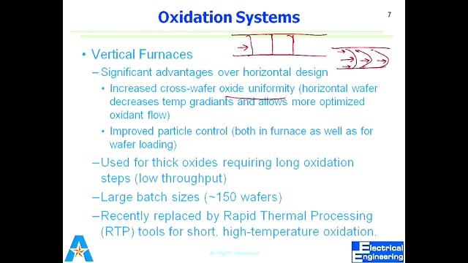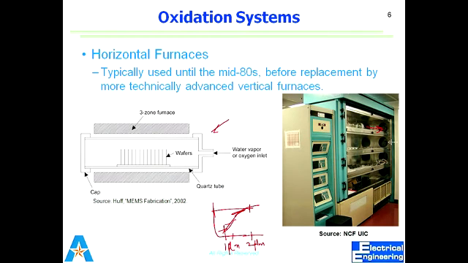We'll talk about that. The first thing is that the horizontal furnace is a three-zone furnace, and the heating system is at the upper and lower sides. So it heats the wafer from one end to the other end. You are not heating the wafer all at one time. The heat needs to move across the wafer surface.